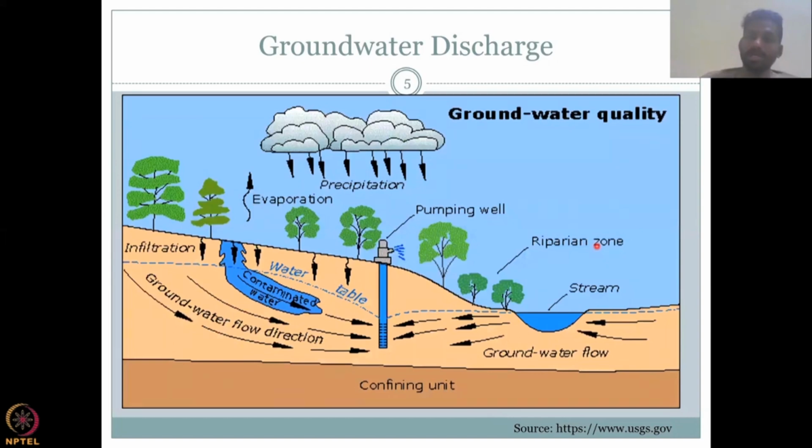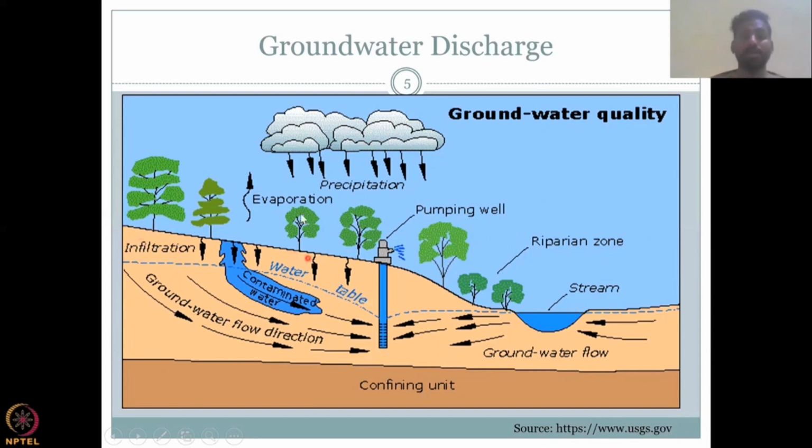Here are some more groundwater discharge images to show that you can actually pull water from different sources within the aquifer. Here we have only one aquifer. It is the unconfined aquifer, because the confining unit is at the bottom, and there is no confining unit on the top.